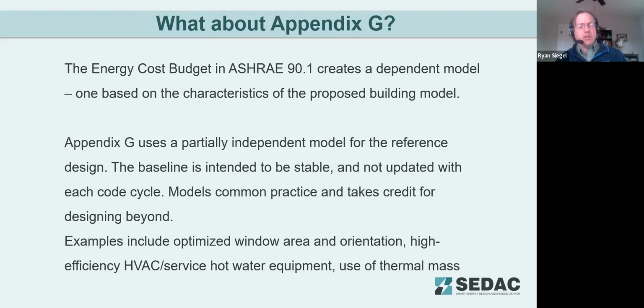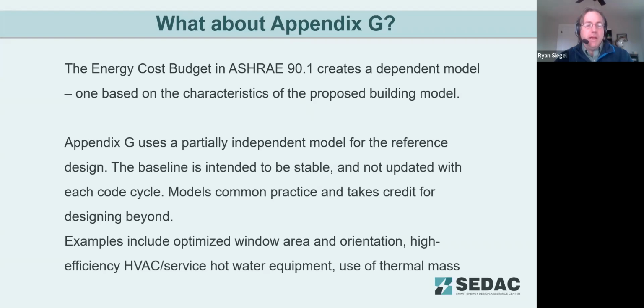And just touching briefly on Appendix G. As noted earlier, this is something that Ashrae has, that there is no correlation to in the Iecc. Appendix G is a little bit different in that it is a dependent model based on the characteristics of the proposed building model, whereas the energy cost budget, the standard performance, is an independent model. Here, noting the independent model has a much more stable baseline.